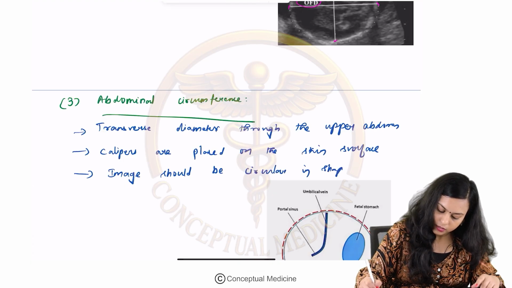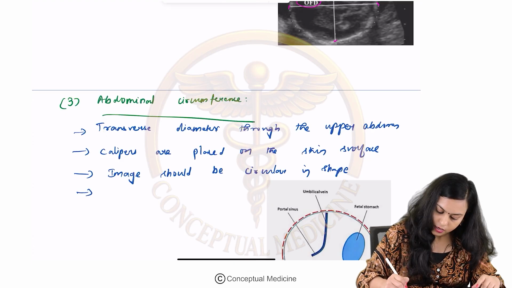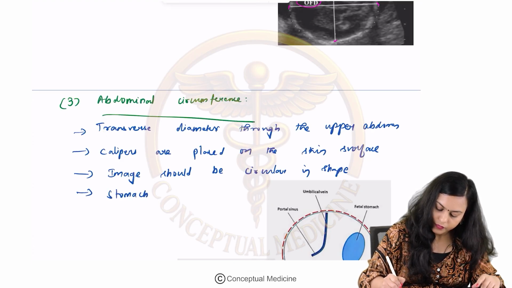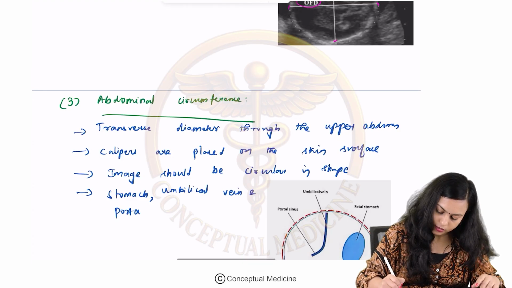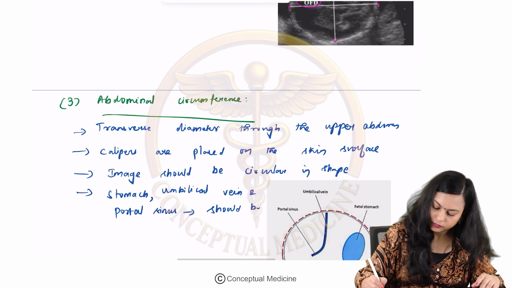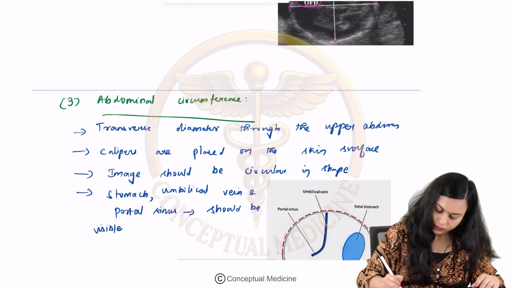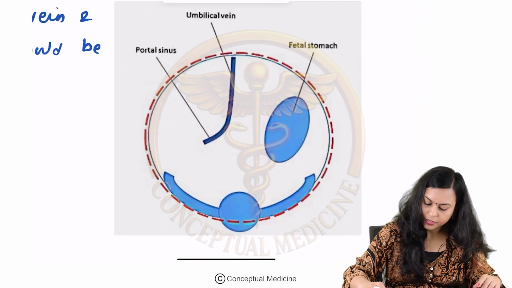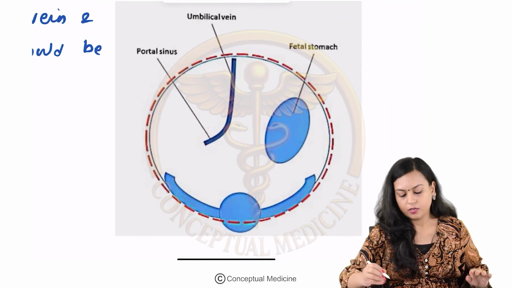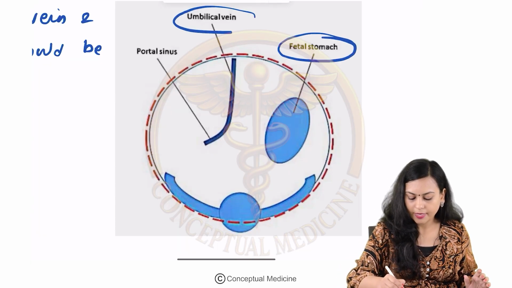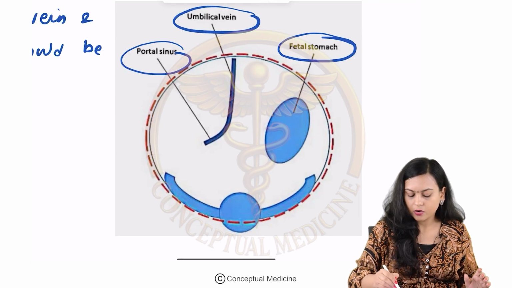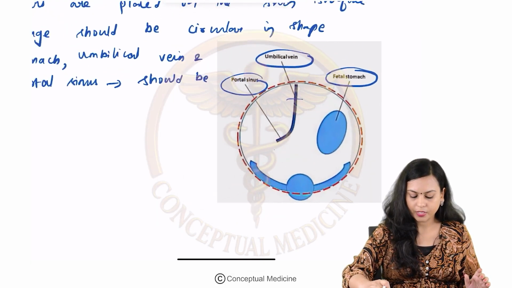Then stomach, umbilical vein and portal sinus should be visible. For example, this is how you should focus. So the image should be circular in shape, and the fetal stomach, umbilical vein and the portal sinus should be visible in the image.